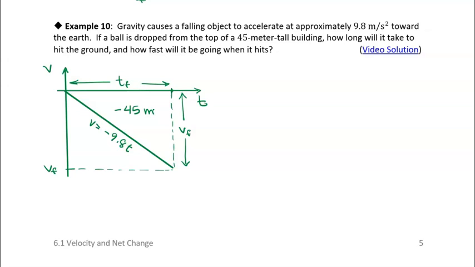All right, so let's see. What do we know? We know that the velocity is equal to a negative 9.8 t, right? So what does that mean? If we plug in the t final, that just gives us that the v final is equal to negative 9.8 times whatever that t final is.